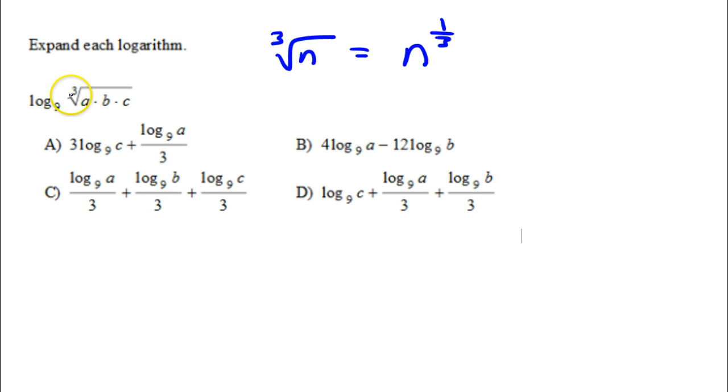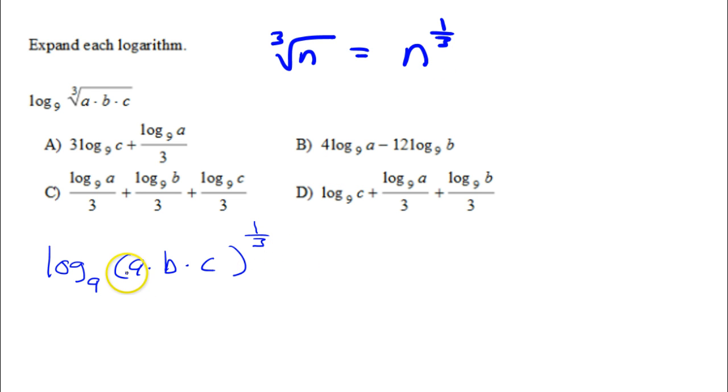So what we really have here, if we have the cube root of all of this, this is really going to be the same thing as log base 9 of a times b times c to the 1/3 power, like I said.